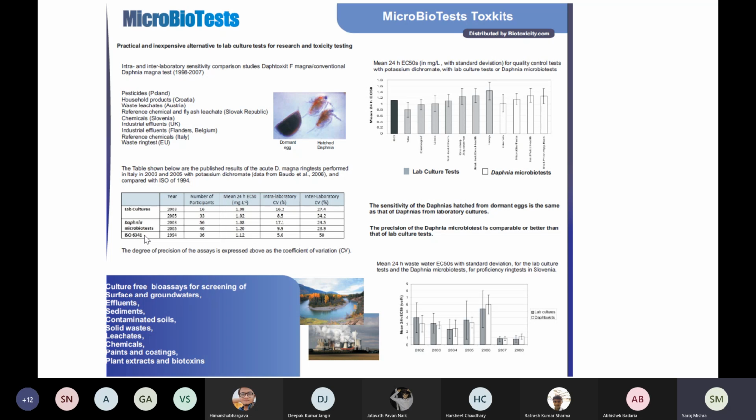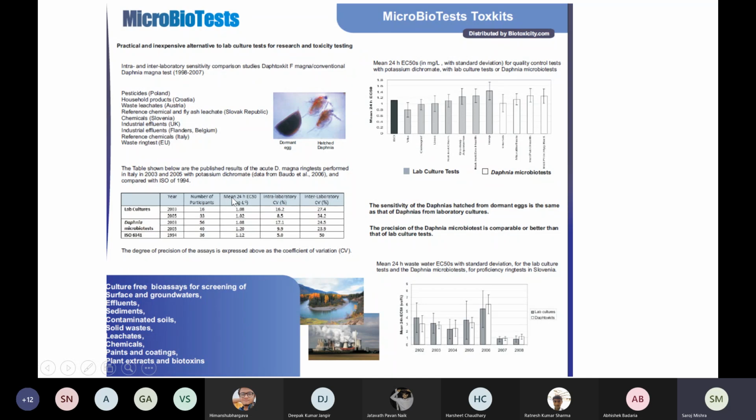The number of participants was 16 labs, 33 labs for the Daphnia, 56 labs, 40 labs. They evaluated a particular compound, potassium dichromate, and DAFTOX was used. The data was compared between the lab cultures, the Daphnia and the ISO, which was announced earlier.